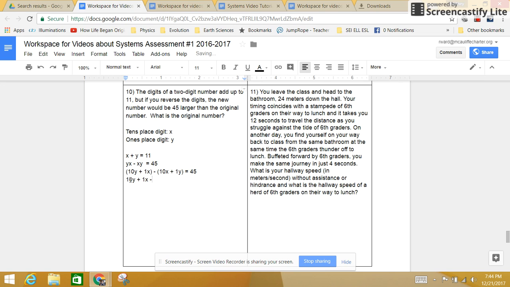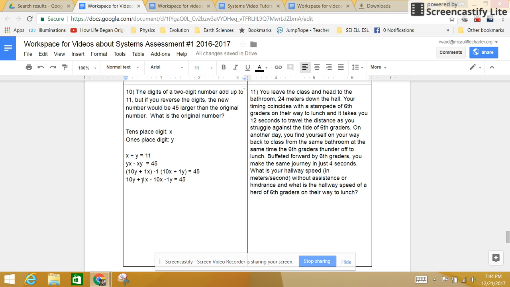That minus is really a minus 1, so that's like having a minus 1 here. So negative 1 times 10x is going to be negative 10x, and negative 1 times 1y is going to be negative 1y. And that equals 45.